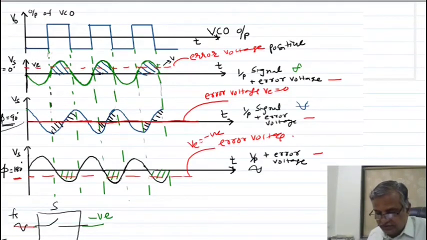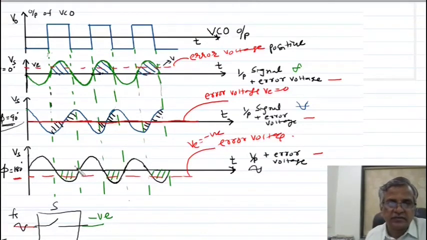When the phase shift between this square wave Fo and the input signal is 90 degrees, then only this much portion, shown by the dotted line, passes to the switch, and we can say that the average value of plus and minus will be 0. When the phase difference between Fo and Fs is 180 degrees, then only the negative half of this Fs will be passed through the switch, because this is positive at this time, so you will get negative error voltage.